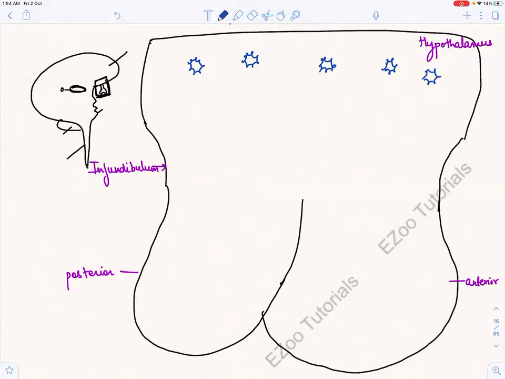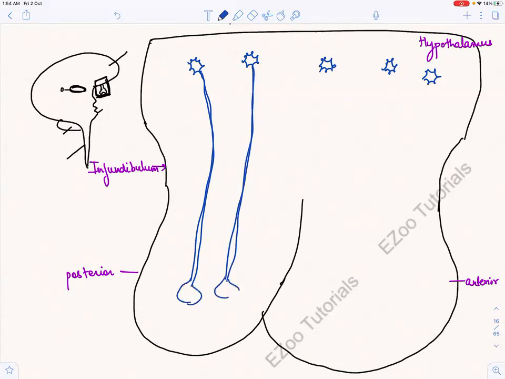Through these, the axon terminals are coming, and there are multiple axon terminals, and there are vesicles present here, through which the hormones will come out, right?